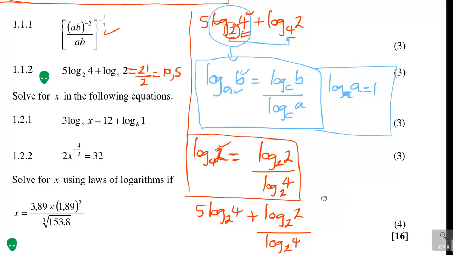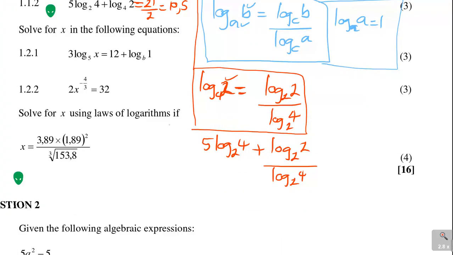So guys, this is what I'm having, and it's easier now to simplify here to say 5 log base 2. Now remember 4 is the same as 2 squared. Now 2 squared is 4, plus log base 2 of 2 over log base 2, again 4 is 2 squared.